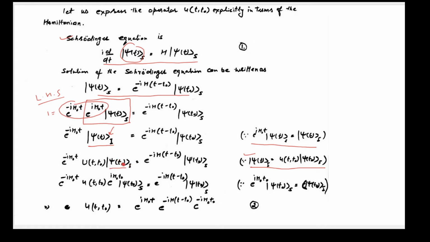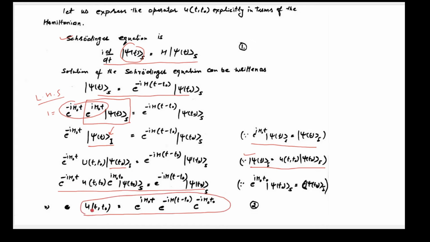Now we can again shift to wave function at t0 in Schrodinger picture by using again this relation, but at t equal to t0. So we will get this. Now here by multiplying e raised to iota h0 t and here multiplying by e raised to minus iota h0 t, we will get this operator.